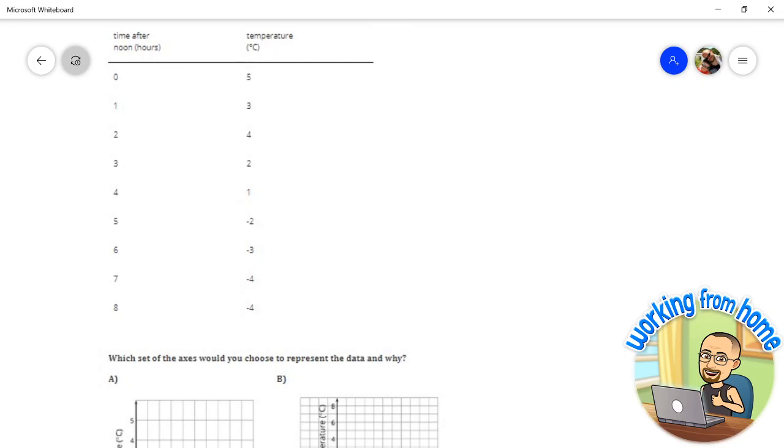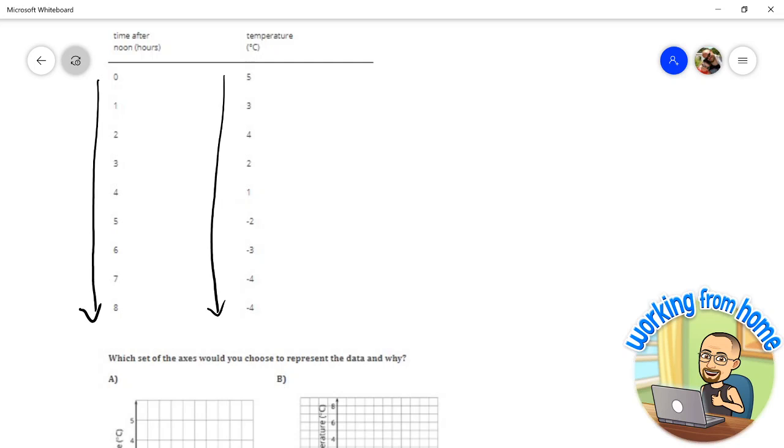So let's see. Time, afternoon, in hours, and then temperature. So let's just see if I can quick see a trend here. Okay, 0, 1, 2, 3, 4, 5, 6, 7, 8. Got it. 5, 3, 4, 2, 1, -2, -3, -4, -4.